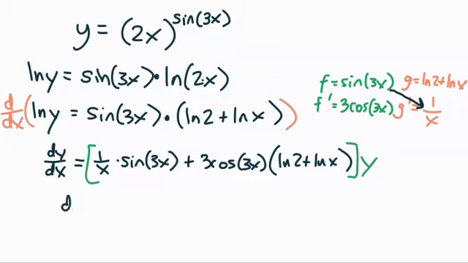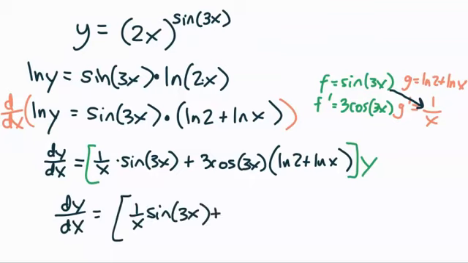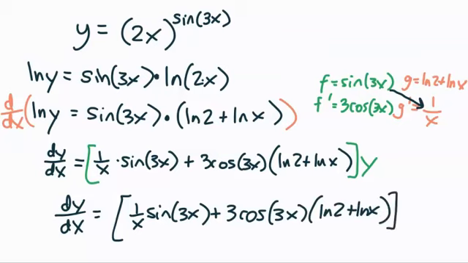And so we can just put our choice for y back in there and say dy dx is equal to all of this and the product rule piece we did times, and instead of y, we'll put what y is equal to, which is 2x to the sine of 3x.